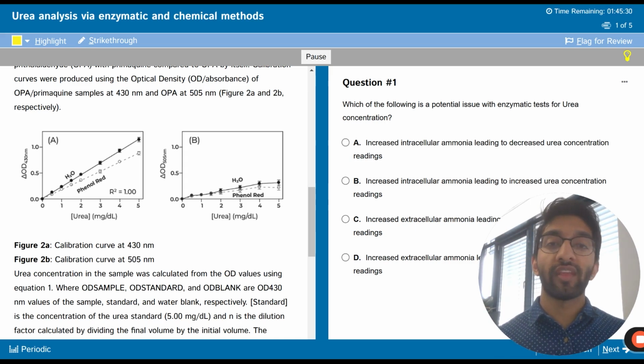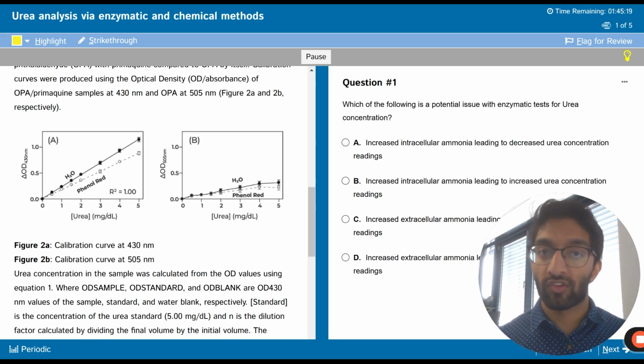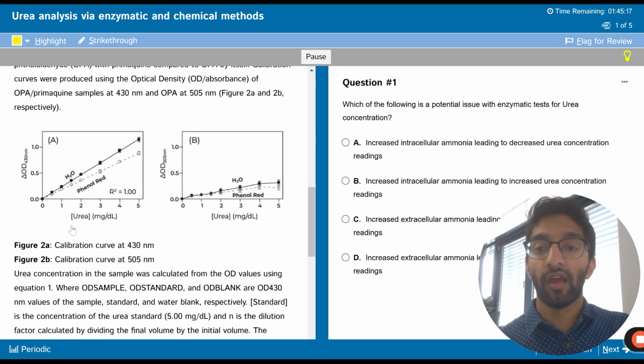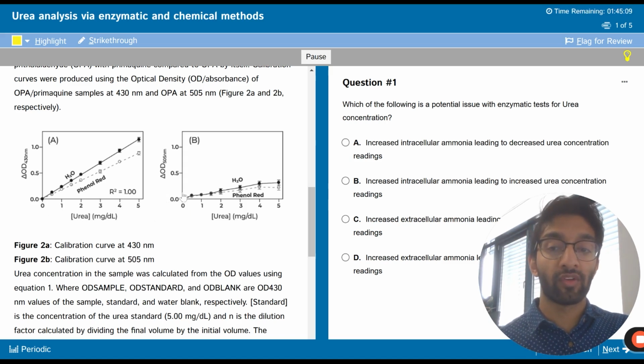What are the things that stand out to you, that you think might be asked about later? Try to find the significant result from that figure rather than looking for all the nuance. And here, to start, we notice that on the x-axis, the independent variable is the urea concentration. So as we go this way, we're increasing the amount of urea, probably in the sample that we're looking at.